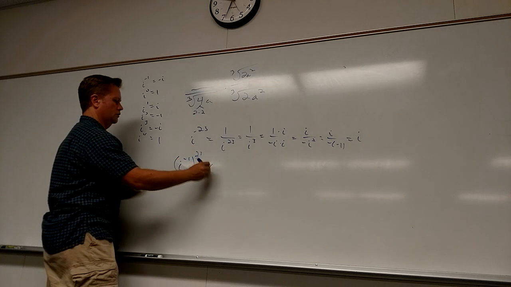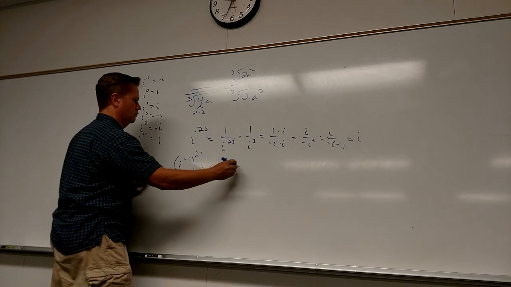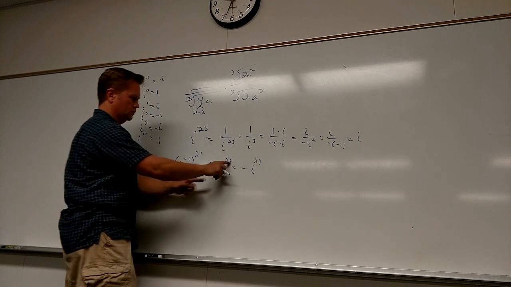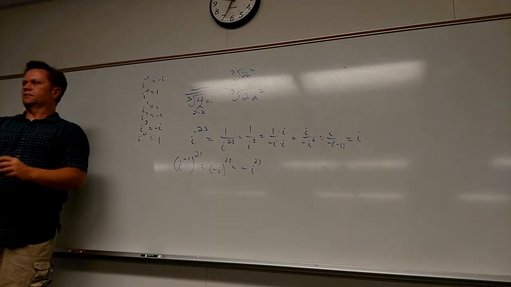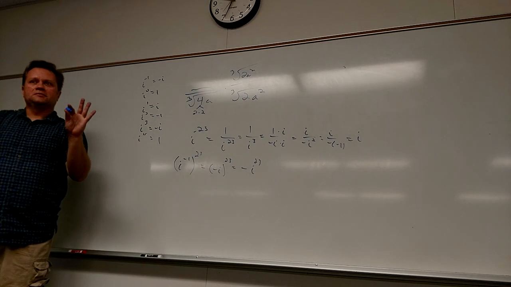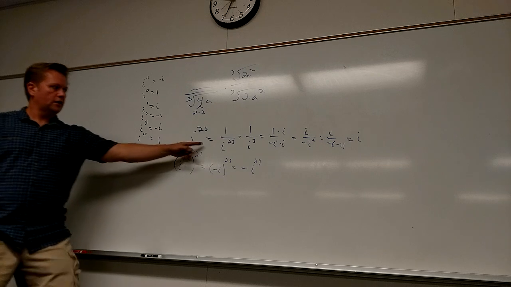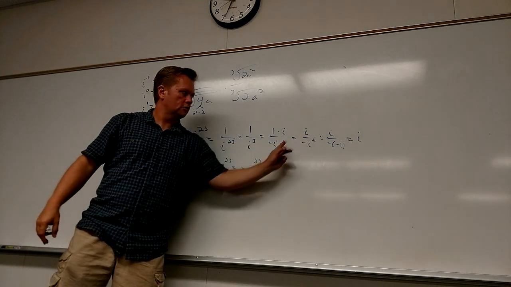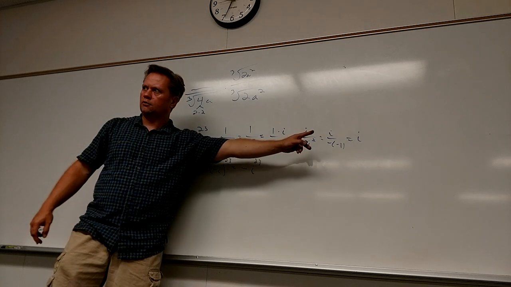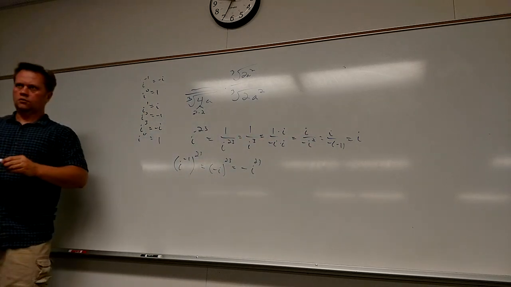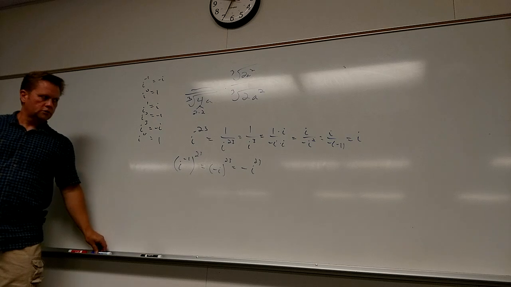So that's negative I to the 23rd, because 23 negatives makes a negative. So that's just another way to do it. I'm not saying you have to do it that way. This way makes sense, but right here, you've got to multiply by the conjugate to get it in the right form. That was a neat problem.